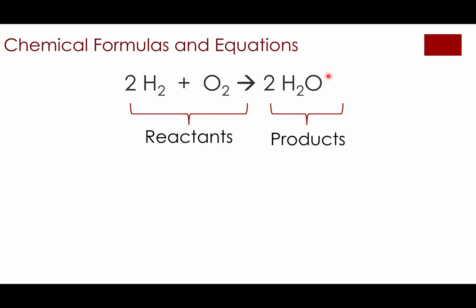There's really no rules that dictate how many reactants and how many products that we have. The only rule is that products will always be on the right, reactants will always be on the left. And then the reaction arrow, you could read that as an equal sign, or you could read it as to produce. So that way you know you're going towards the products.